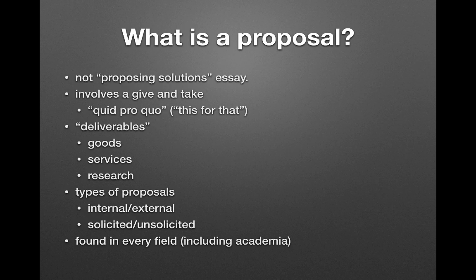And so my second bullet item there, typically involves, or almost always involves, a give and take. So you're proposing to do something in exchange for something. So typically you're providing goods, services, or research in exchange for being paid. So that's part of the give and take.